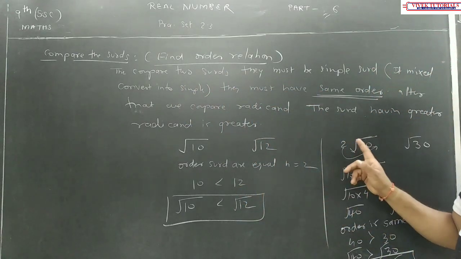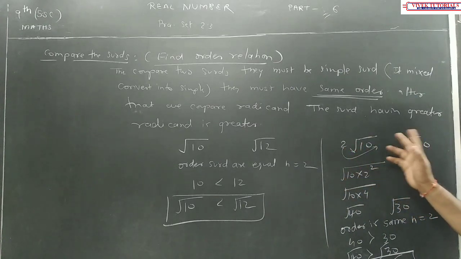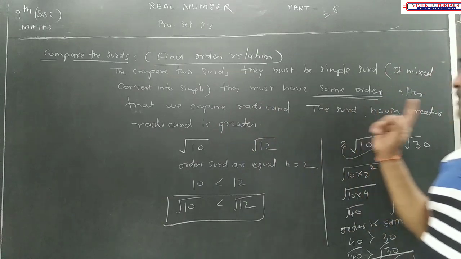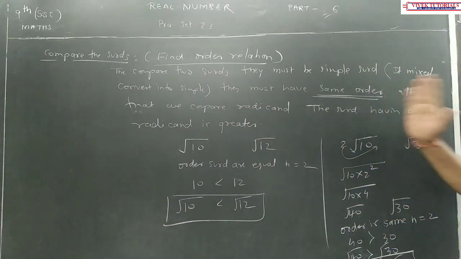If the order of this one is 2, then this one should also be 2. Otherwise, in the last syllabus you used to take the LCM and then convert, but luckily this year it is not there. After that we compare radicands. The surd having the greater radicand is greater.